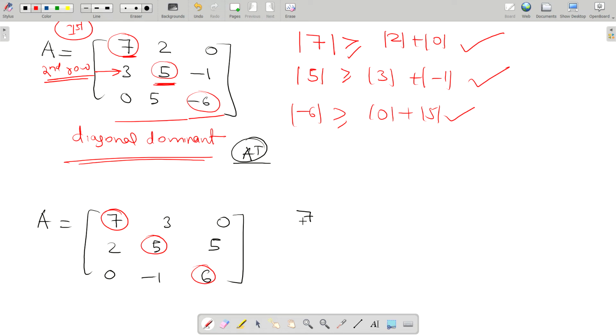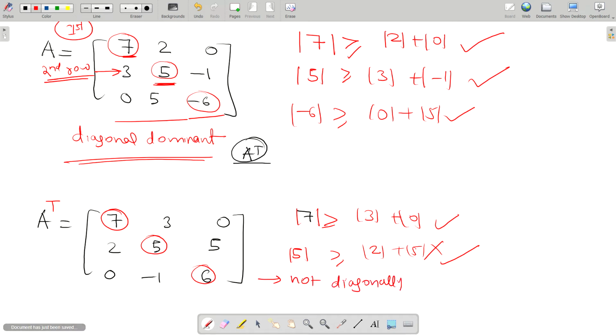The absolute value of 7 is greater than 3 plus 0. Yes, it is. The absolute value of 5 is greater than 2 plus 5? This doesn't satisfy. So if A is diagonally dominant, A transpose need not be diagonally dominant.